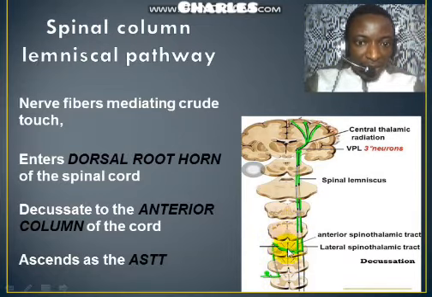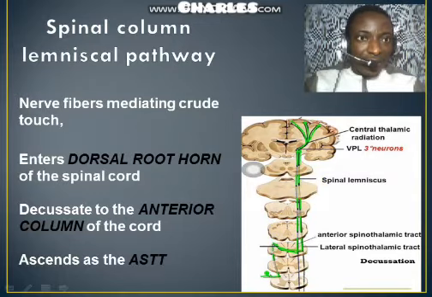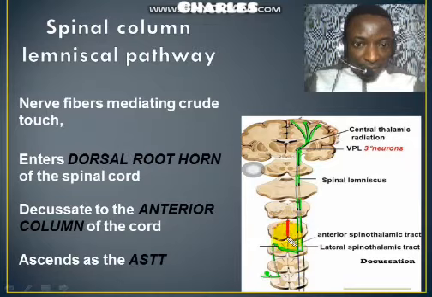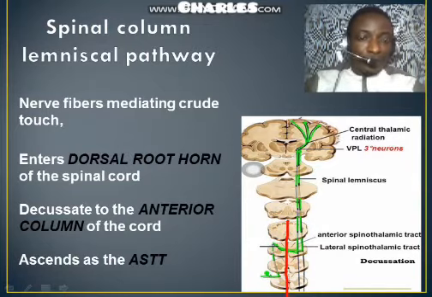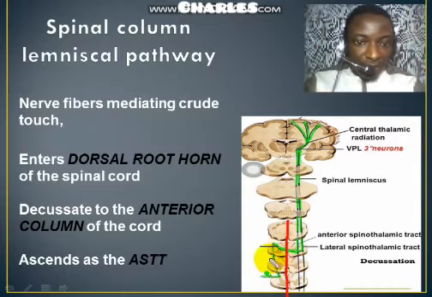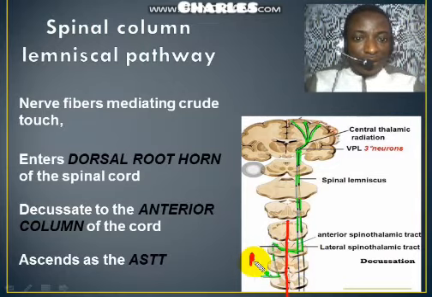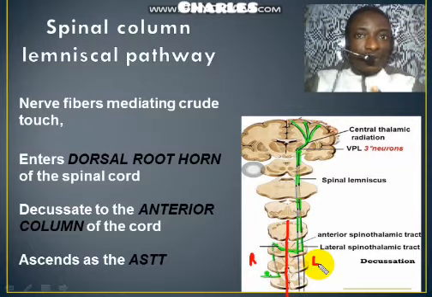Remember, this is the midline. Let me make that clearer. There's a midline here. This is the right side of the cord, and this is the left side of the cord.